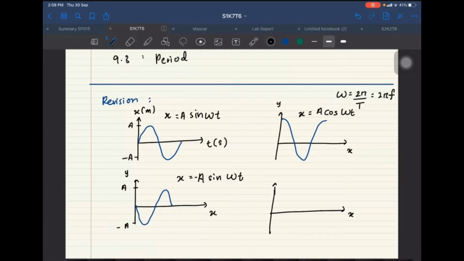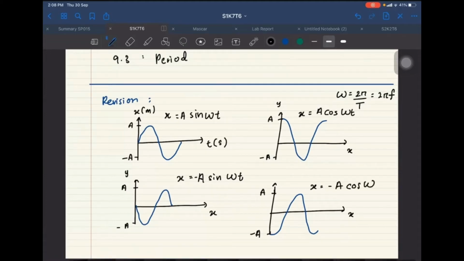You can see that everything else is the same. A and omega remain the same. The only thing that changes here is the function. So we have sine, negative sine, cosine, and the last one obviously negative cosine, shaped like a U but upside down. In school, my way to memorize it: the sine looks like the letter S, S for sine. The cosine is a U shape.